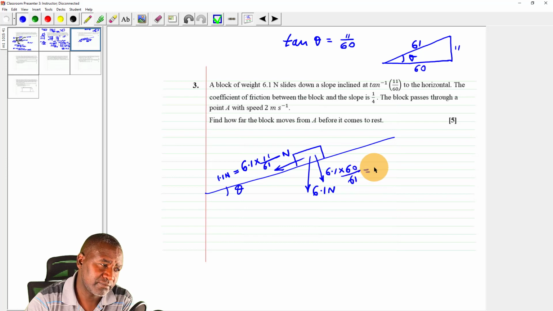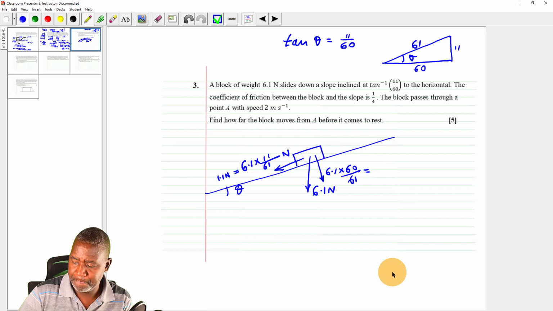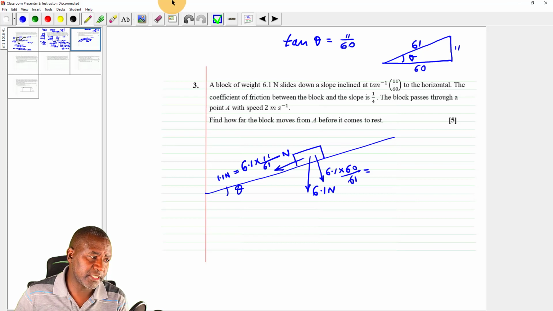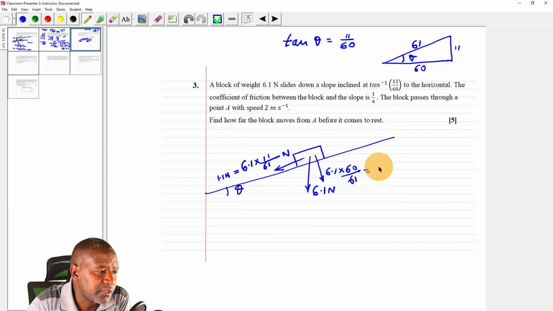Again, 6.1 divided by 61 gives 0.1, and I multiply by 60 to get 6 newtons. So it's going to be 6 newtons.